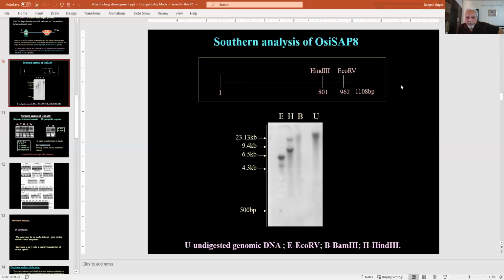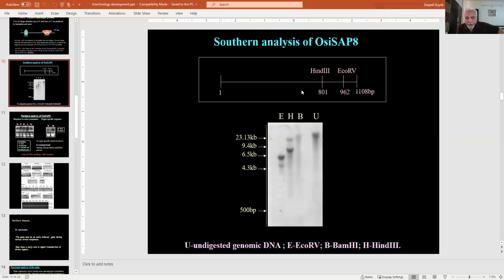And then if you have a gene which does not cut at those sites, like BMH1, it is going to take the whole thing in one fragment. BMH1 will cut genomically on either side of the gene. Then you run it on a gel, transfer it to a membrane and hybridize with the radiolabeled probe from here to here.